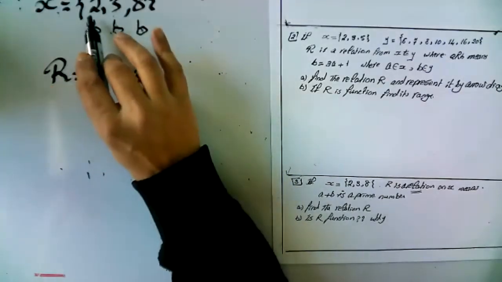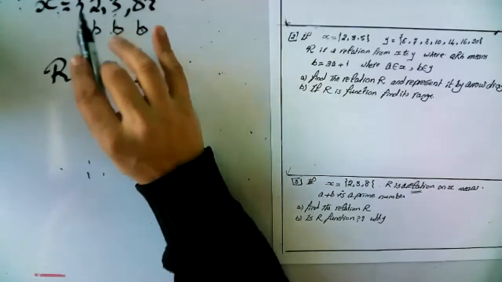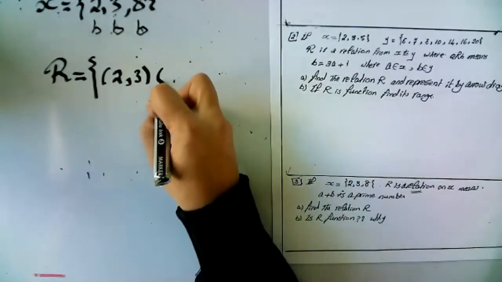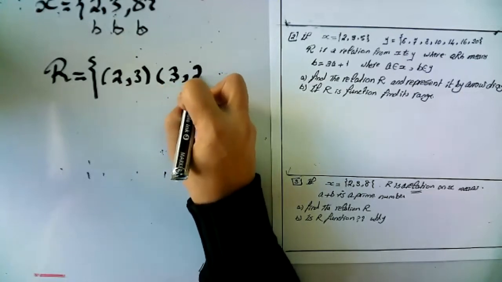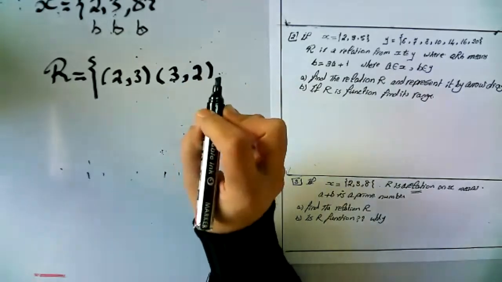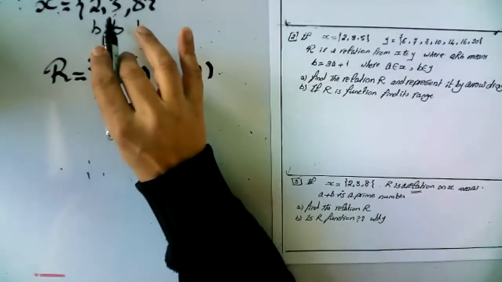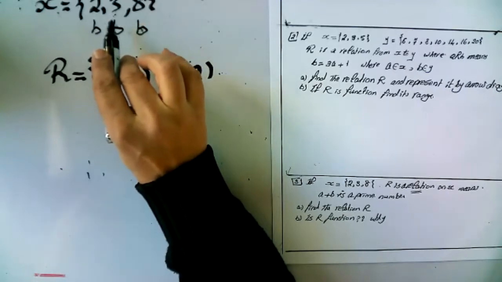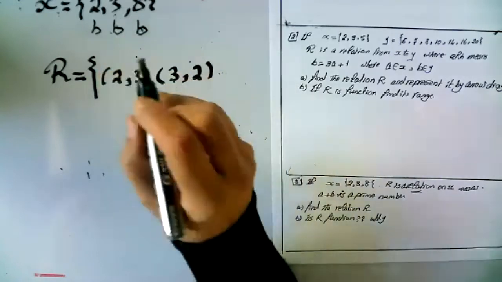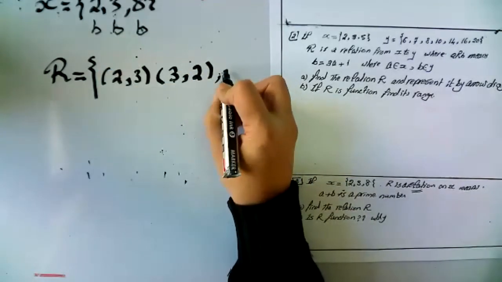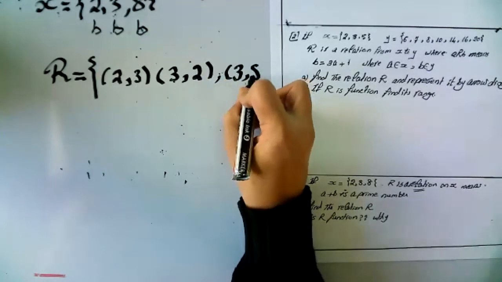Now we have finished 2. Start with 3. 3 plus 2 is 5. Then (3, 2) satisfies the relation. 3 plus 3 is 6. 6 is not prime. 3 plus 8 is 11. Then (3, 8) satisfies the relation.